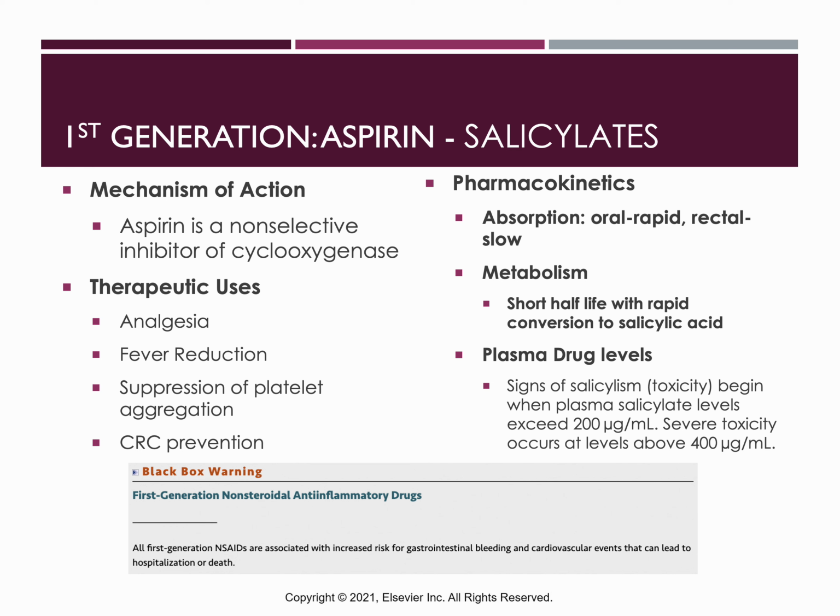What would you look for in terms of toxicity? Some signs of what we call salicylism toxicity will begin when the plasma salicylate levels exceed 200 micrograms per milliliter. Severe toxicity is going to happen over levels of 400 micrograms per milliliter.